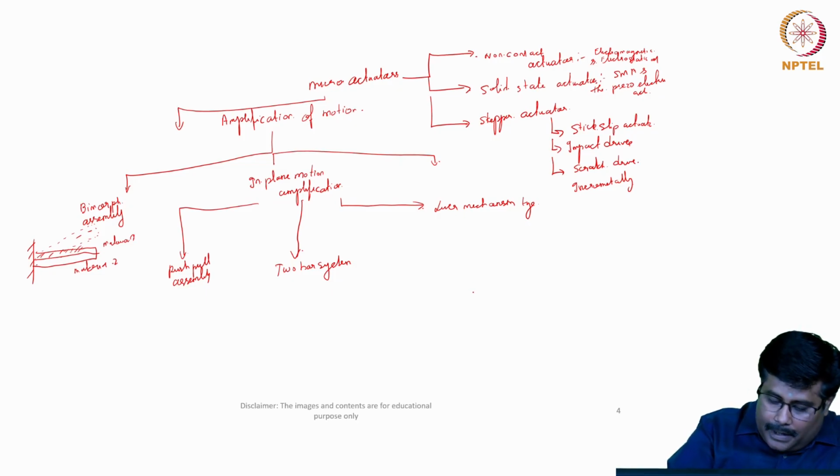Now, in a similar fashion, let us look at the lever mechanism. If we look at the overall configuration, it looks something like this, where we have a solid state actuator. Two joints are there.